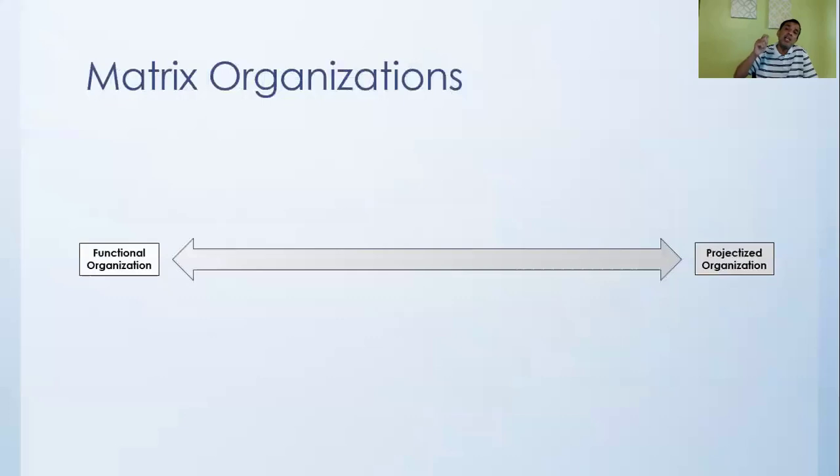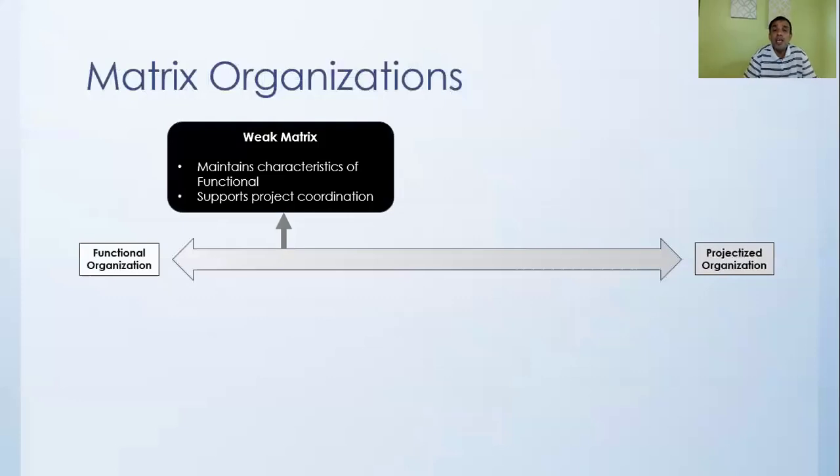manager. And in a project-based or project-oriented organization, we saw the project manager has a high level of authority because the organization is run as a project. Now, in between this spectrum, we have all these different types of matrix organization.